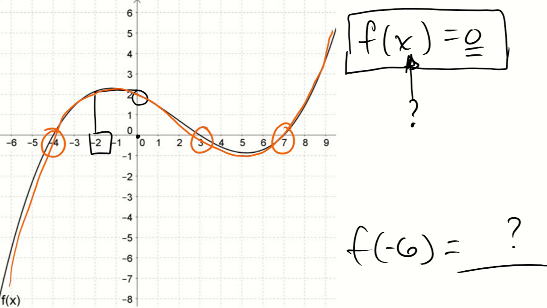So I could have answered either negative 4, 3, or 7, all cause this function to hit an output value of 0. It turns out only one of those was listed as an answer choice. It was 7. So the correct answer for that question 4 was when x is 7, the function gives me an output of 0.